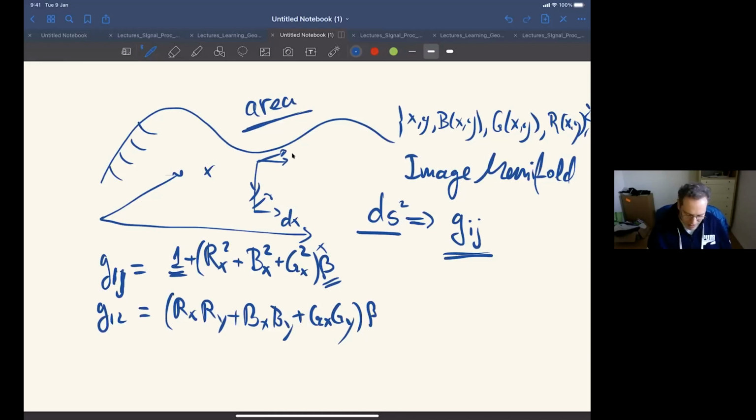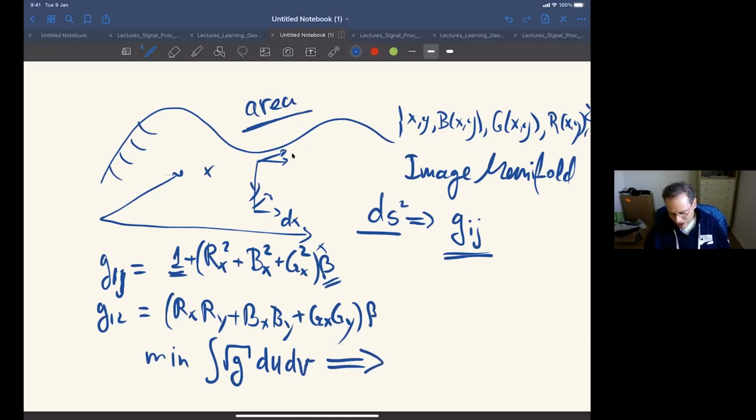So minimizing the area of the surface would give me nothing but the Beltrami operator operating on my manifold. So it would be R, G, and B. I should have also modified the X and the Y, but now I'm fixing the X and the Y.